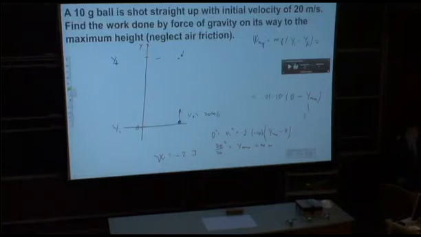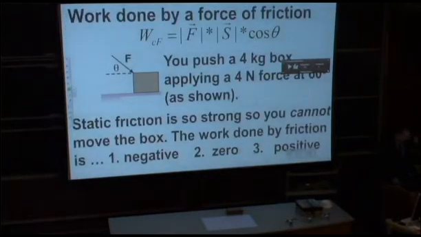Any questions? Of course, we neglected friction. Otherwise, we would have to add the work done by friction, which is always negative. So, work done by friction.